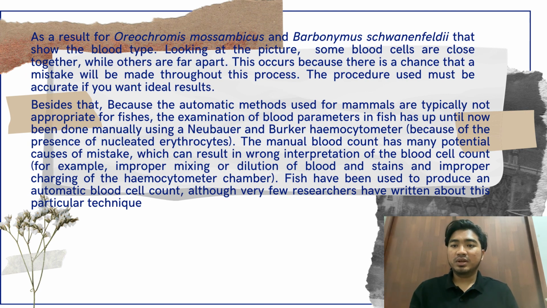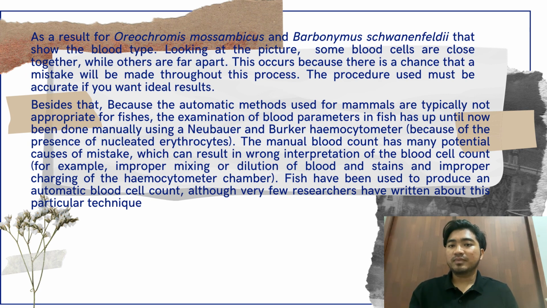Besides that, because the automatic method used for mammals are typically not appropriate for fishes, the examination of blood parameter in fish has up until now been done manually using a Neubauer hemocytometer because of the presence of nucleic acid.